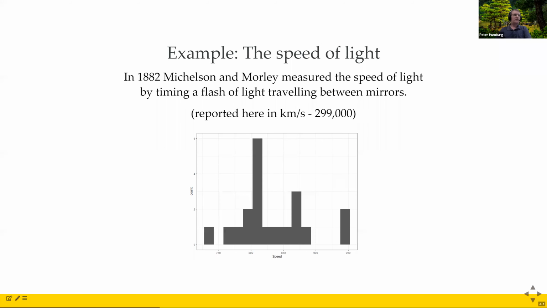So here is a small data set that I've dug up. It is quite an old data set, from 1882 or so, when Michelson and Morley tried to measure the speed of light by bouncing a light pulse between some mirrors and measuring the time it took.